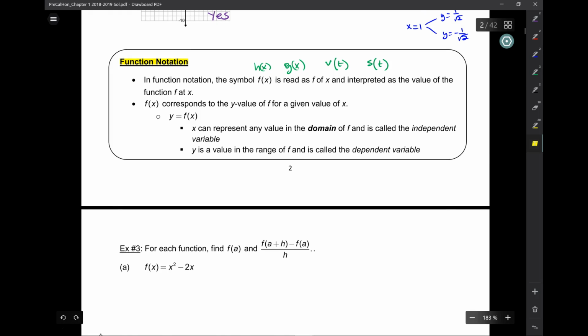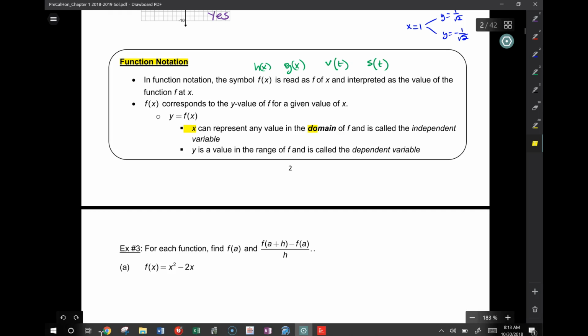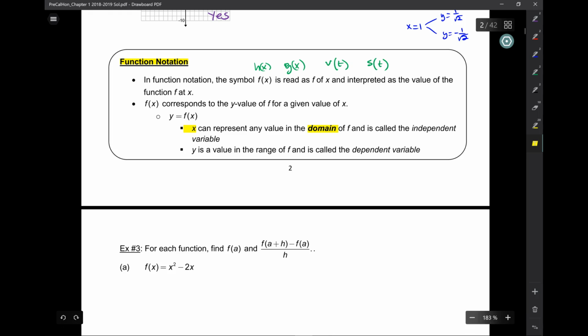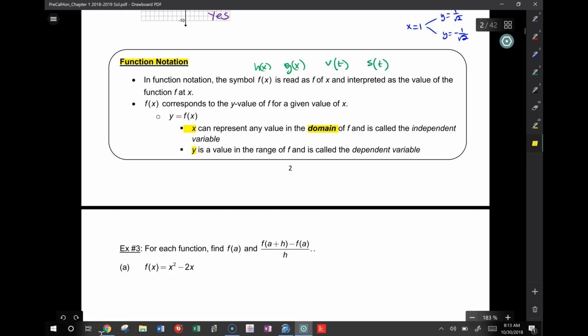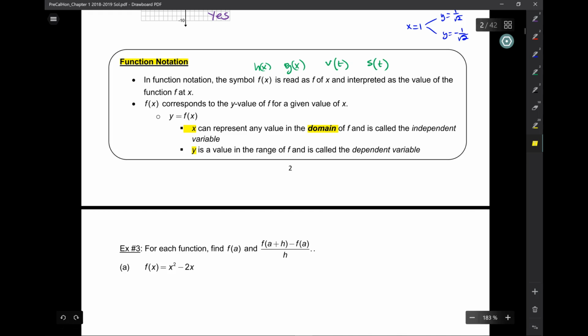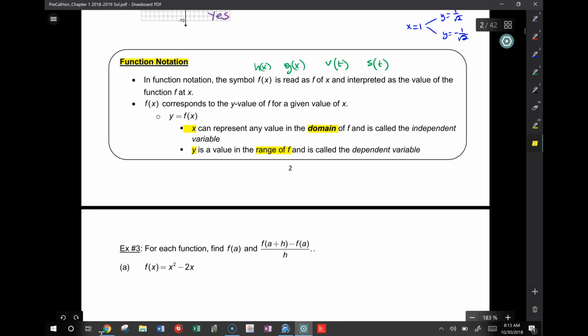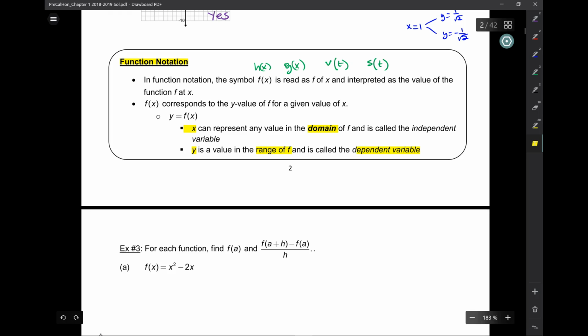Basically, here's what this represents. Suppose you use f of x to represent y, then x is representative of the values in the domain, right? X is the domain. And then y, that dependent variable, is the range. And it's called the dependent variable.